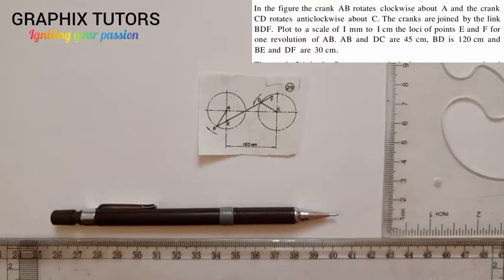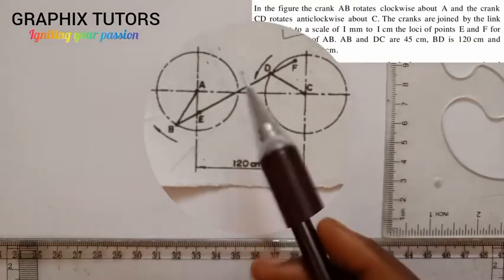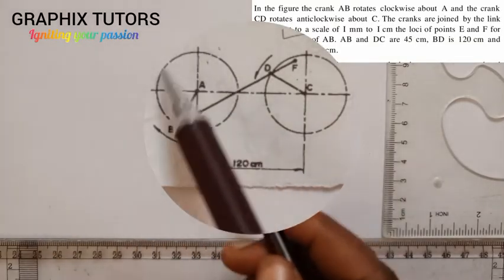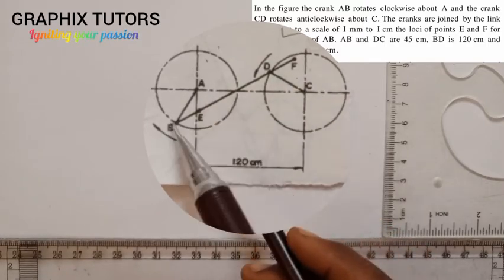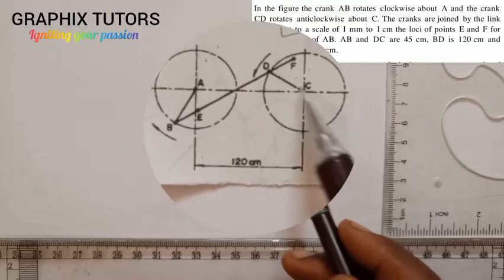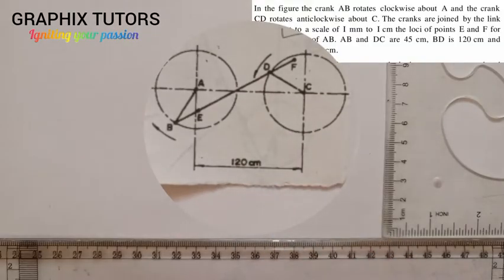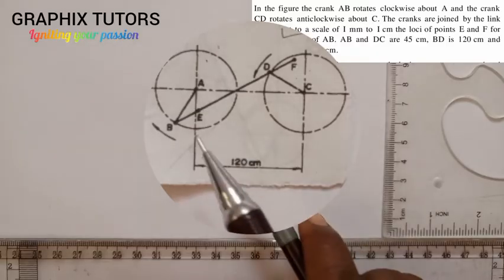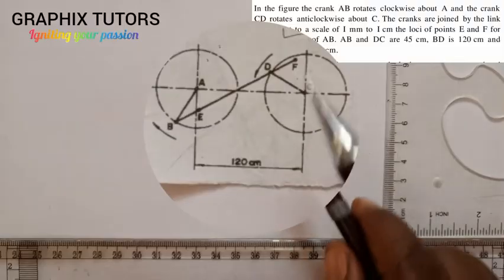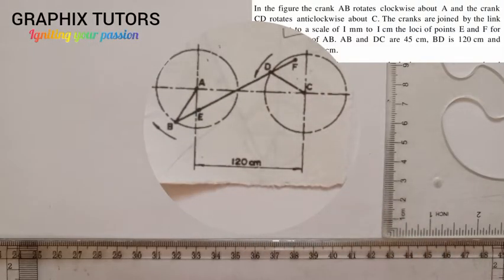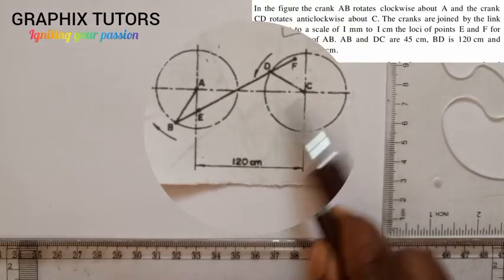So you see that this is the first crank, this is the second crank. So AB and CD both are cranks, right? While BEF is the link joining both of them. You can call it more like a connecting rod.